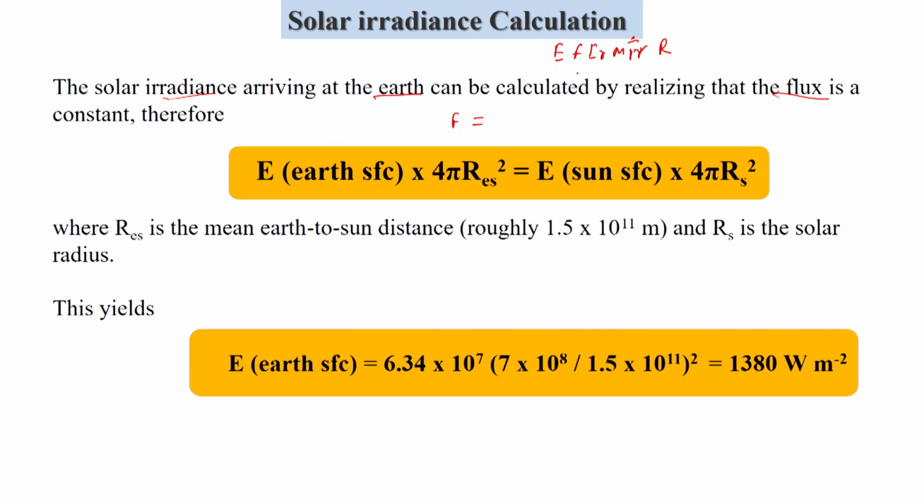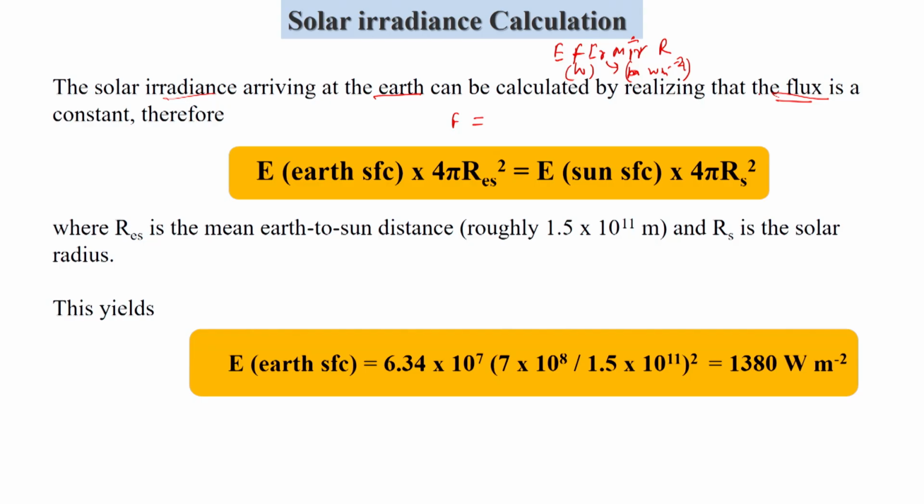So you assume here that the flux is constant. Flux is actually watts, and irradiance is watts per meter square. Just remember the units, that will make it easier to calculate these things.